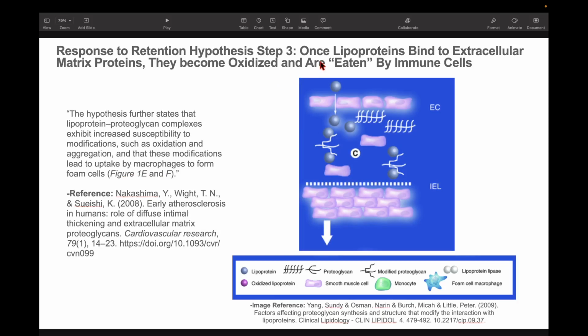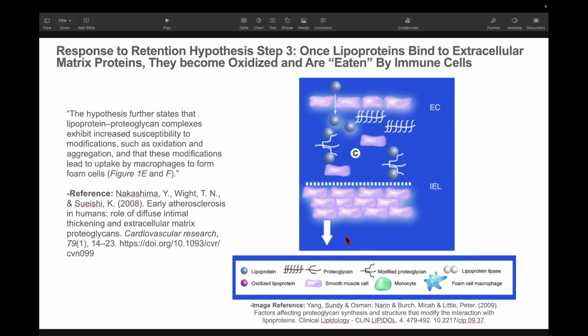Step number 3. Once lipoproteins bind to extracellular matrix proteins, they become oxidized and are "eaten" by immune cells. Quote we have here, "the hypothesis further states that lipoprotein proteoglycan complexes exhibit increased susceptibility to modifications such as oxidation and aggregation, and that these modifications lead to uptake by macrophages to form foam cells."